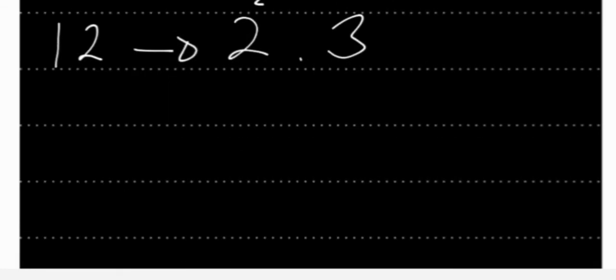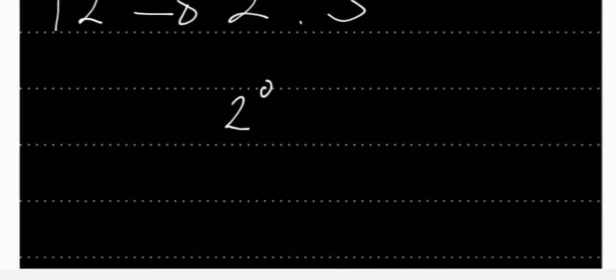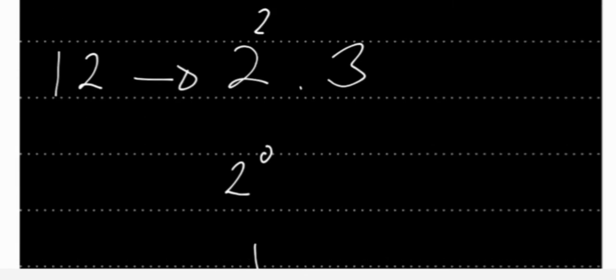Well, 2 to the second can give us the variations 2 to the 0, 2 to the 1, and 2 to the 2. After this it's bigger, so it's not counting. And for 3, we can have 3 to the 0 and 3 to the 1.